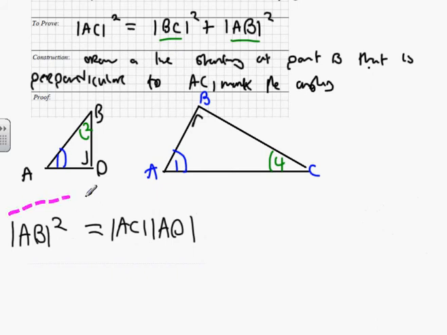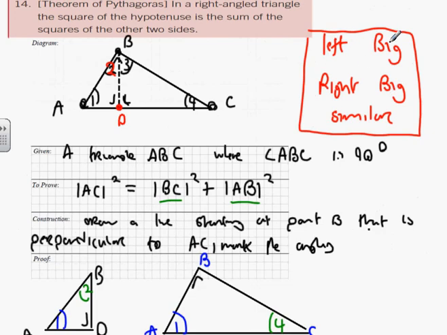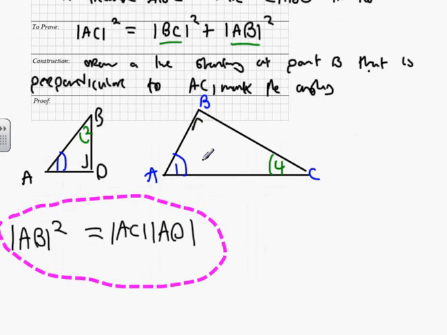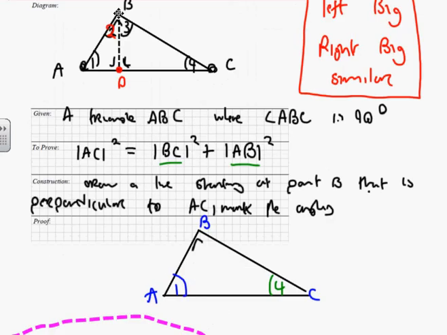Now, the next thing we have to do is we've already done the left and the big. Now we got to do the right triangle and the big triangle. The big triangle remains the same. However, the right triangle, what happens to that? What is the right triangle? The right triangle is BDC. Okay, guys.